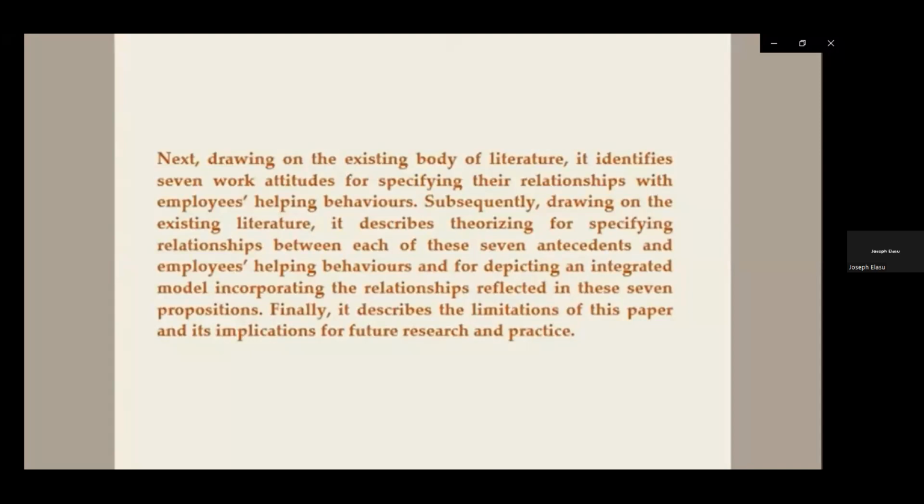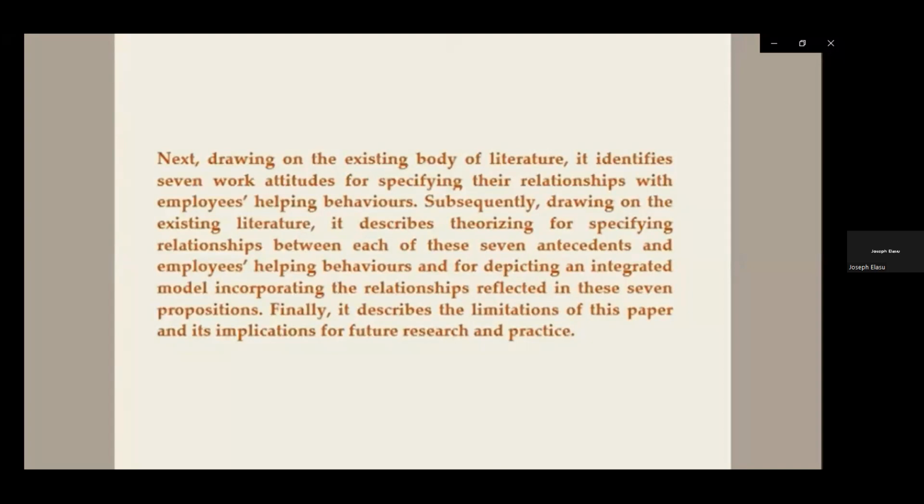Next, drawing on the existing body of knowledge, it identifies 7 work attitudes for specifying their relationship with employees' helping behaviors. Subsequently, drawing on the existing literature, it describes theorizing for specifying relationships between each of these 7 antecedents and employees' helping behaviors, and for depicting an integrated model incorporating the relations reflected in these 7 propositions.